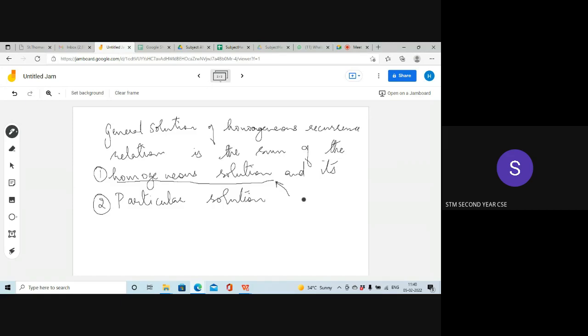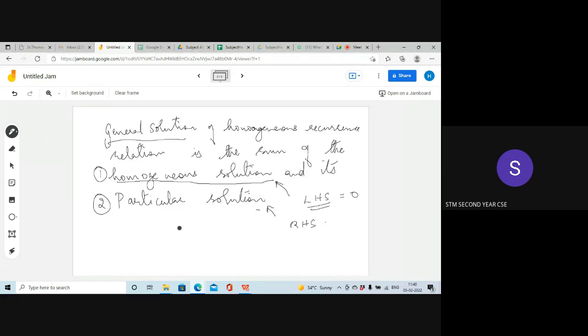We get the homogeneous solution corresponding to the LHS, because when we equate the LHS to 0, it becomes a homogeneous recurrence relation, and we solve it the same way as before. Then, since the RHS is not 0 now, when we solve the RHS we get the particular solution. When we add these two together, we get the general solution.